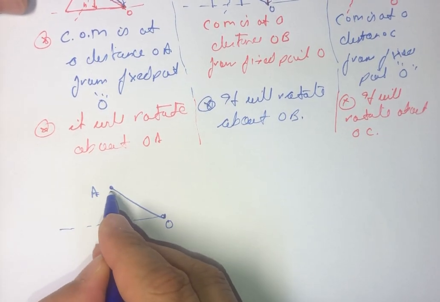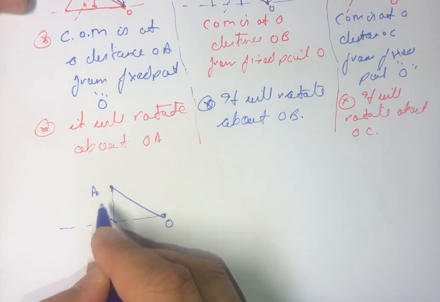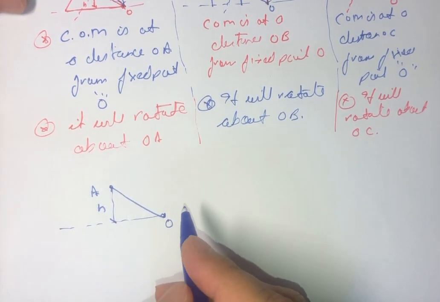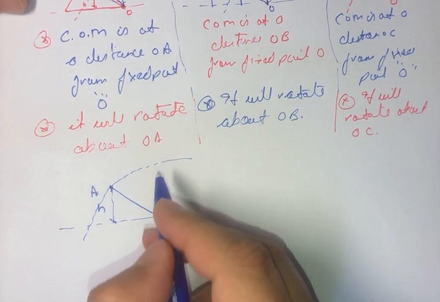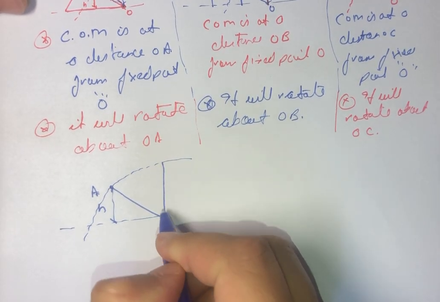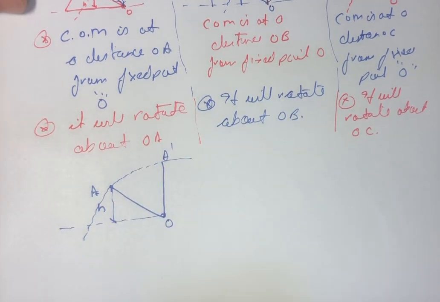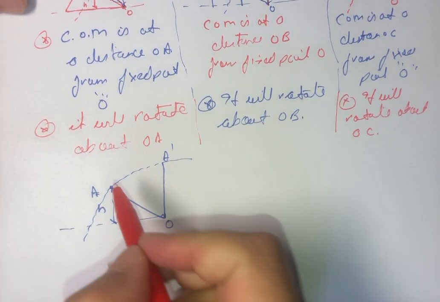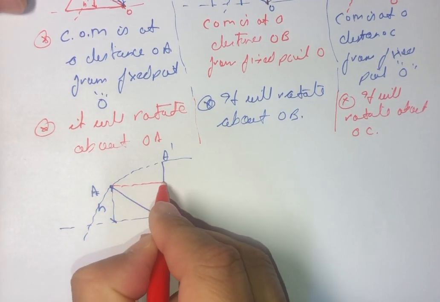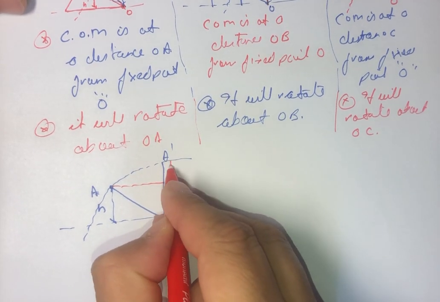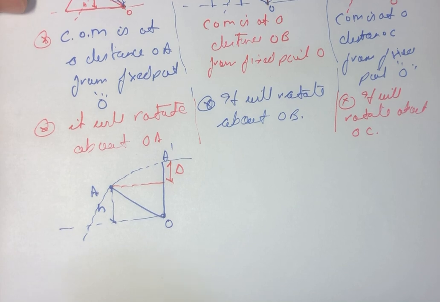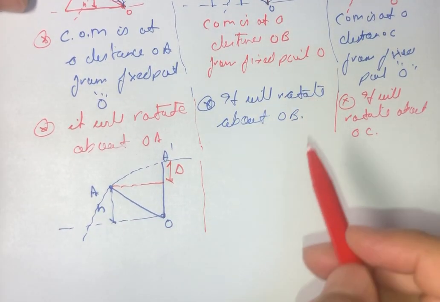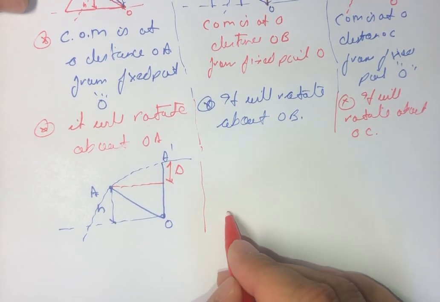A is our center of mass, at a height h, so this will be our h, and it will be rotating in this direction, and this is our A prime. If we draw a parallel line, this will be our delta, which we are supposed to find out.